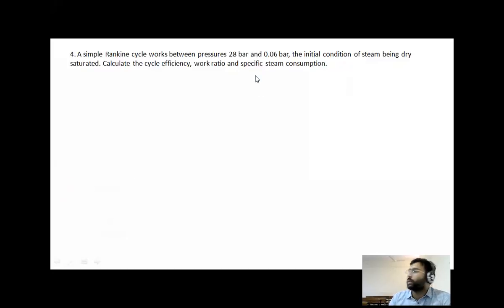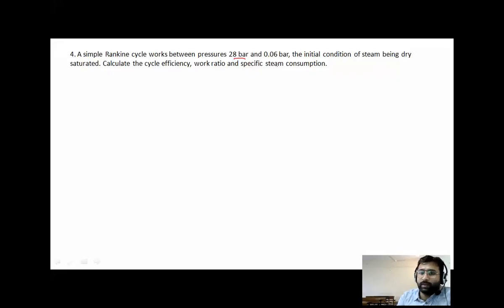So 28 bar is the pressure of which component? Turbine, one answer I got. Which component?